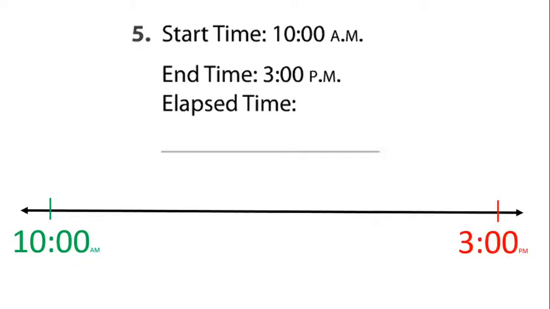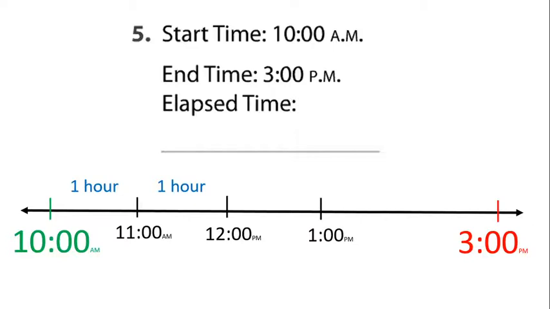From 10 o'clock a.m. to 11 o'clock a.m., 1 hour has passed. From 11 o'clock a.m. to 12 o'clock p.m., also 1 hour. From 12 o'clock p.m. to 1 o'clock p.m., a third hour has passed.